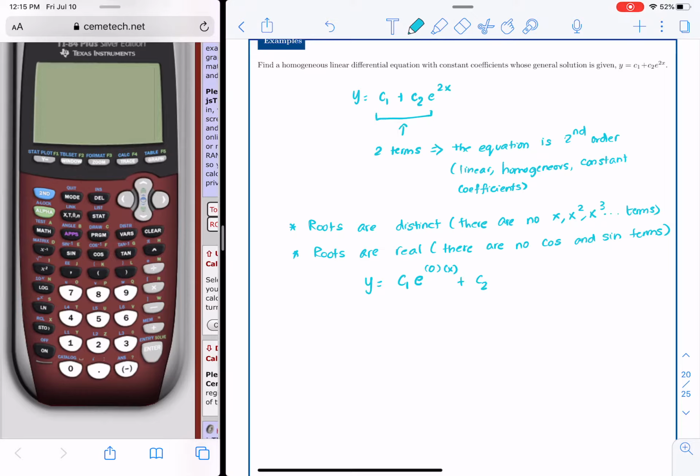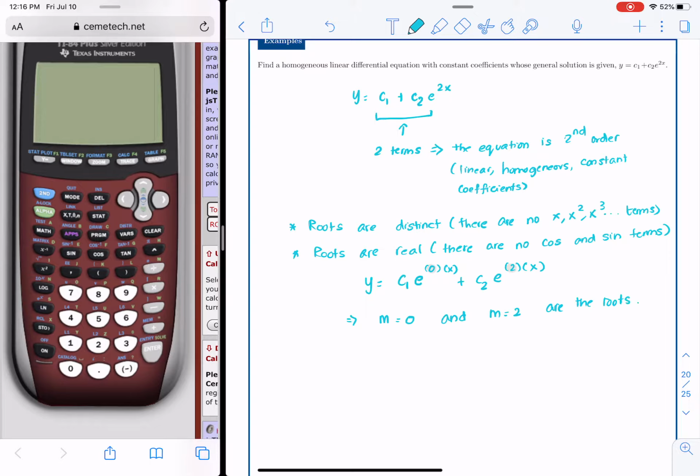The second term, I could write it as 2 times x. So the roots are 0 and 2. So m equals 0 and m equals 2 are the roots.